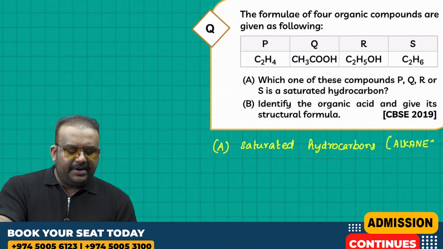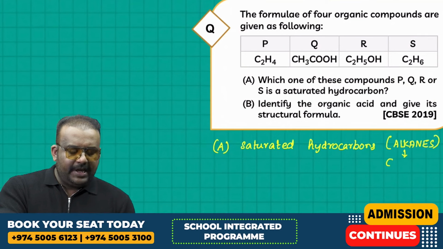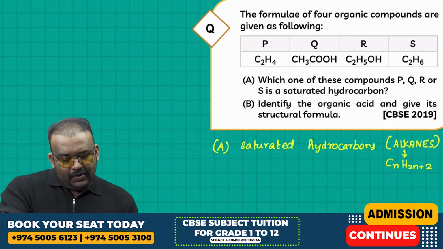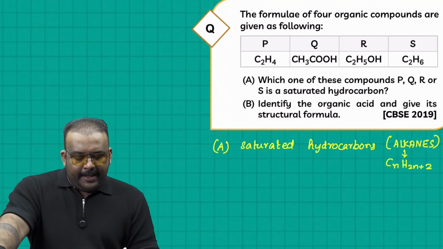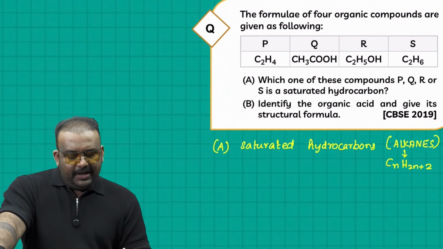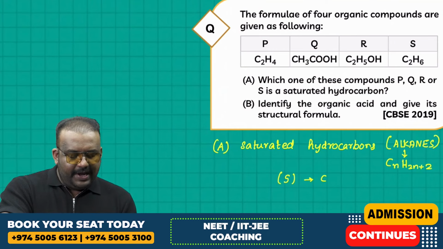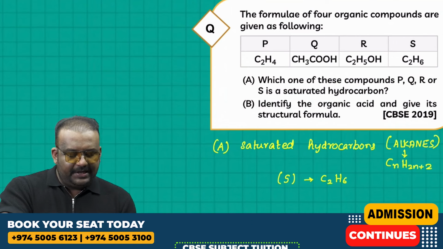And what is the general formula of all alkanes? Every alkane has a general formula CnH2n+2, correct? So in this case, the only formula that fits CnH2n+2 is the compound S, correct? So S is having a formula C2H6.